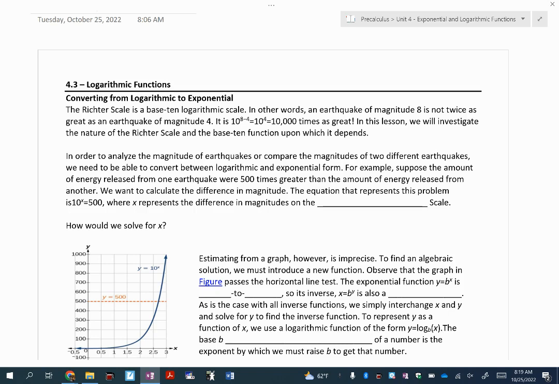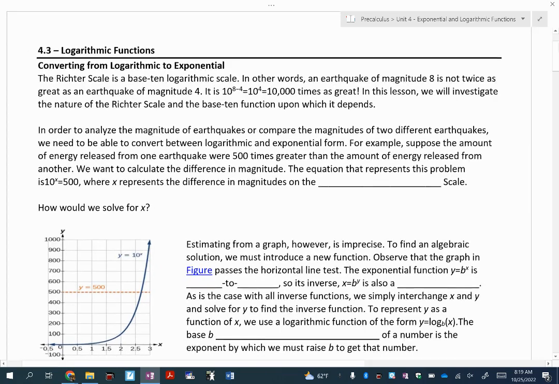The reason logarithms exist and why we use them so much in pre-calculus and algebra 2 is shown by one of the main examples, the Richter scale, or how we measure the magnitude of earthquakes. This x in the exponent represents the difference in magnitudes on the Richter scale.